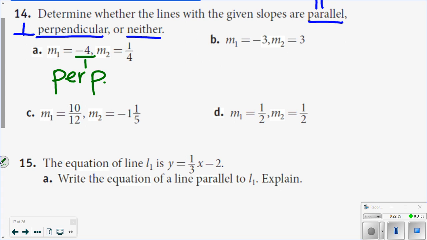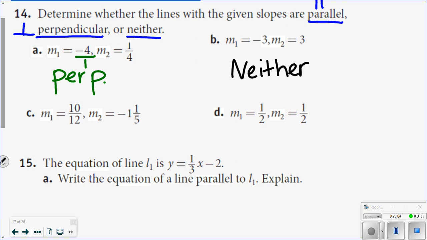Letter B, are they exactly the same? No. So they're not parallel. One's a -3 and one's a +3. So they're opposites. One's negative, one's positive. But are they reciprocals? Is one of them flipped? No. So this is neither.